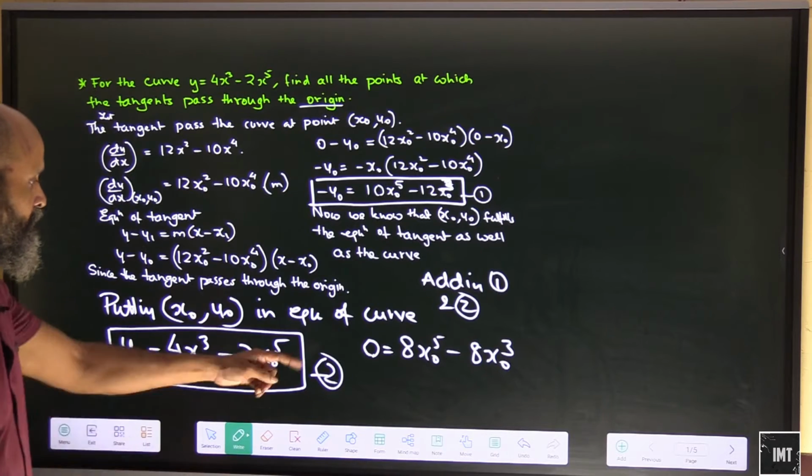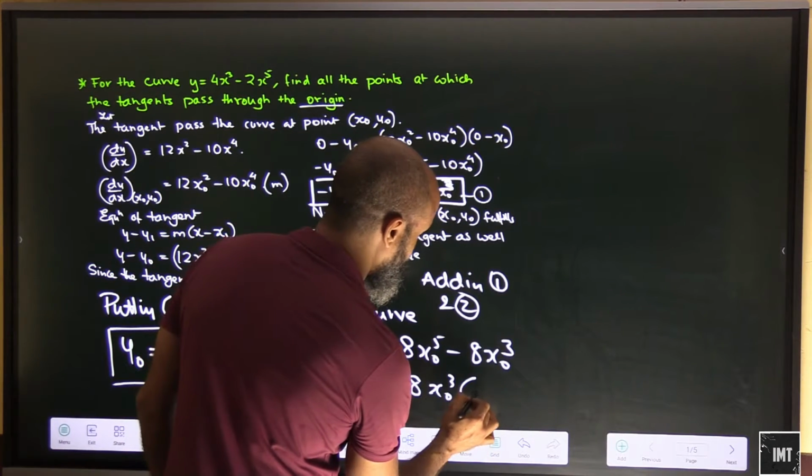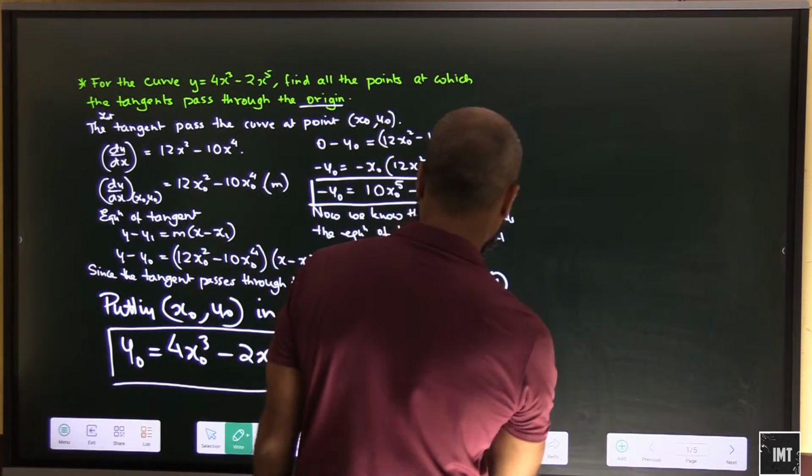Oh, I'm so sorry, this will be x naught cube. Here we can take out 8x naught cube, and this will be x naught square minus 1, so it gets cancelled obviously.